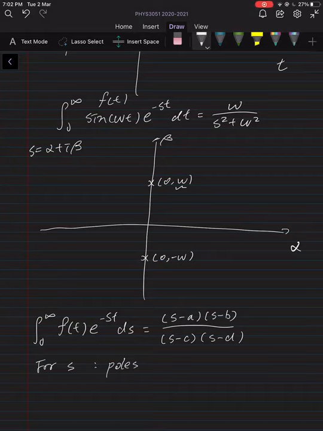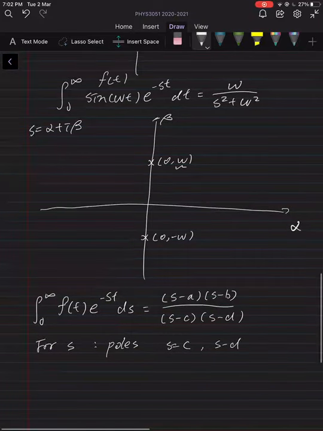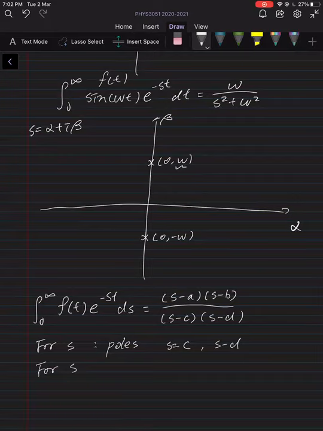So for the case here, we have s equals to c and s equals to d. And for the s at which the Laplace transform becomes 0, they are called the zeros. So in the case here, we have s equals to a and s equals to b.